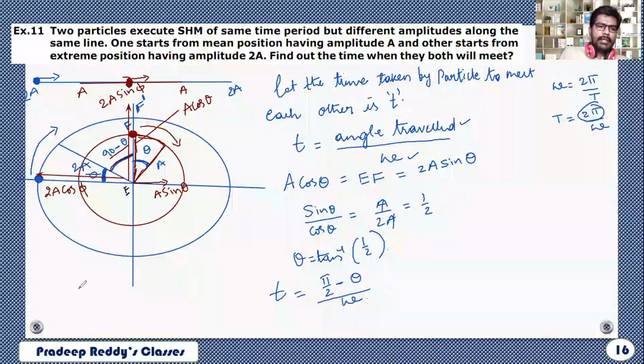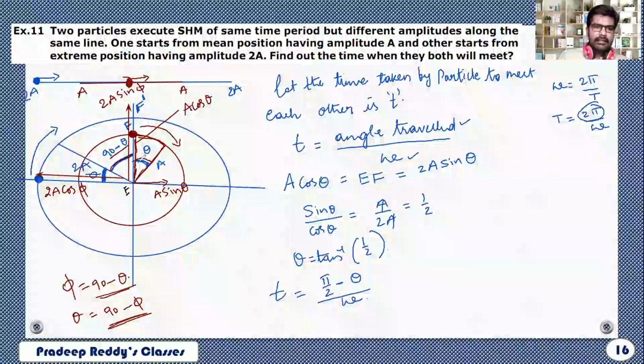Sin pi can be written with pi as 90 minus theta, or you can write theta as 90 minus pi, vice versa. So for this angle, I am writing this length as a cos theta. This is the length a cos theta.